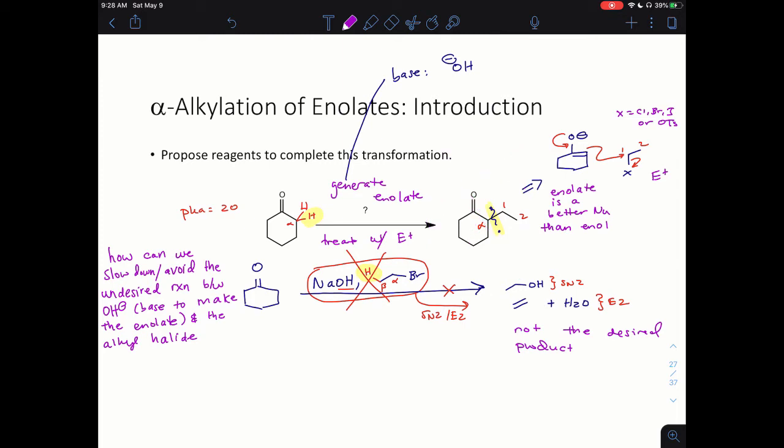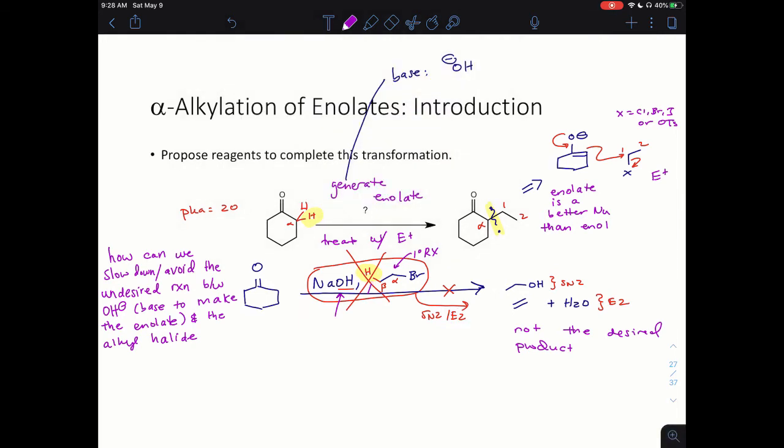Now, how can we slow down or avoid the reaction between this nice reactive primary alkyl halide, an excellent SN2 substrate, and hydroxide, which will do an SN2 or will also participate in an E2 reaction with this alkyl halide? I've indicated the beta hydrogen.